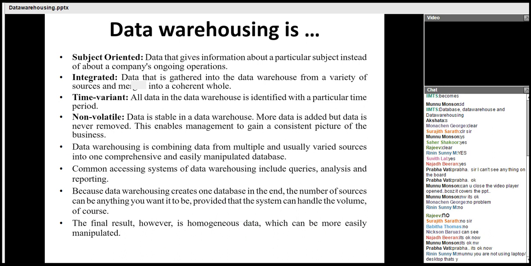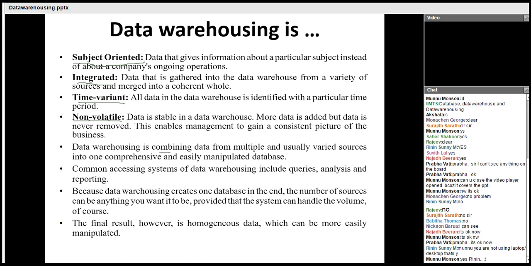So these are some of the key points associated with data warehousing. One, it is subject oriented. Second, it is integrated. Third, it is time variant. Fourth, it is non-volatile. Fifth, it combines data from multiple and varied sources into one database. Then through data warehousing you can do query, analysis and reporting.